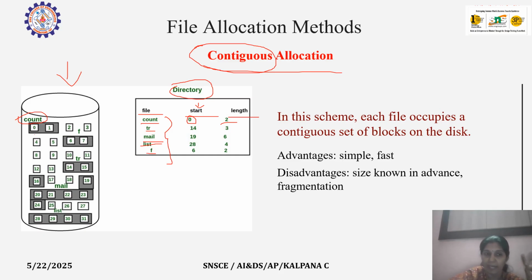We are going to allocate block 0 and block 1 for the count file, which means in sequential order we have allocated it. Let's take the second file, tr. The starting address is 14 and the length is 3.